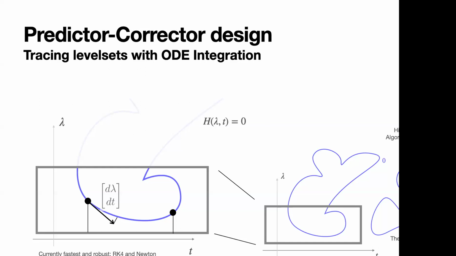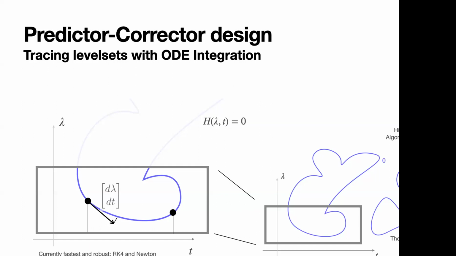The fastest and most robust is simple RK4, Runge-Kutta 4 standard, and Newton's method for that. But a lot of other things can happen. We can also use higher order predictors.